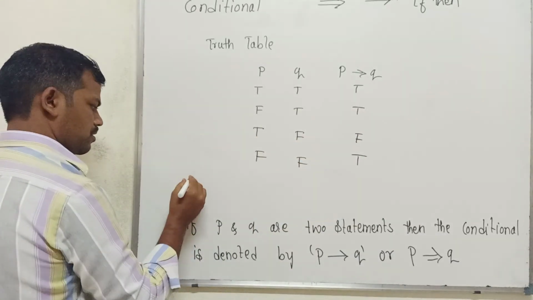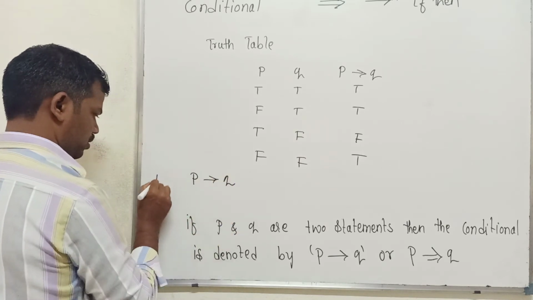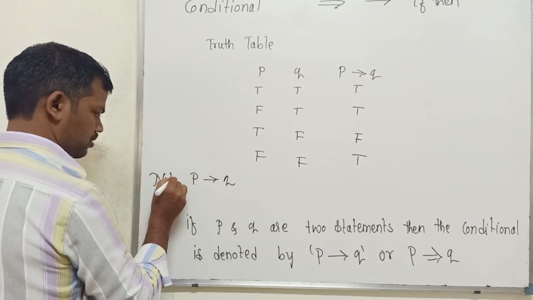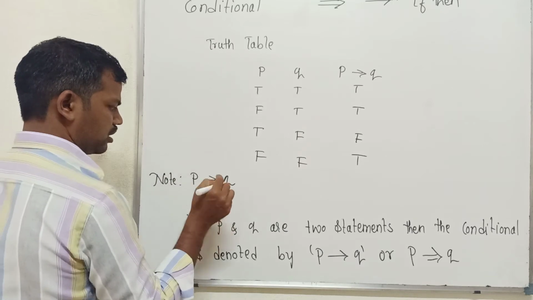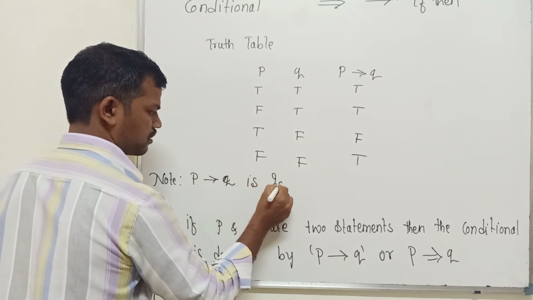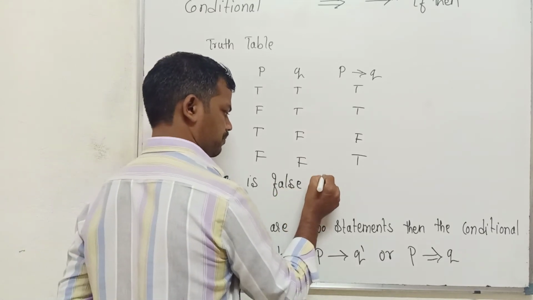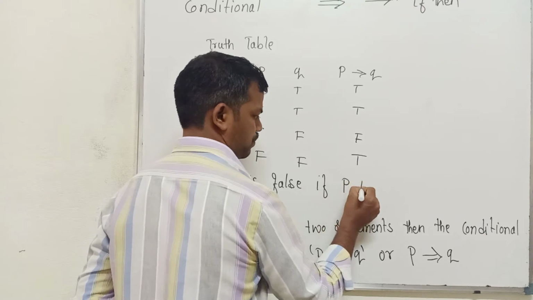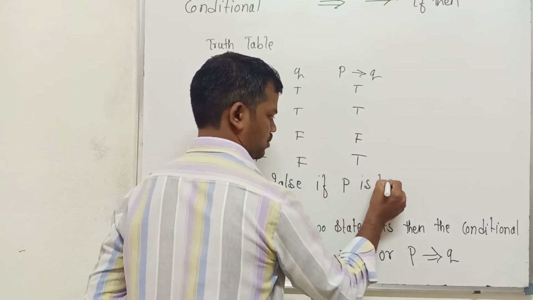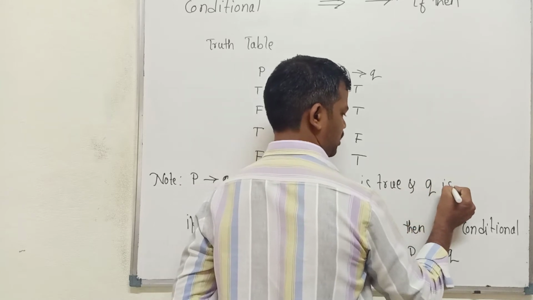P conditional Q is false if P is true and Q is false.